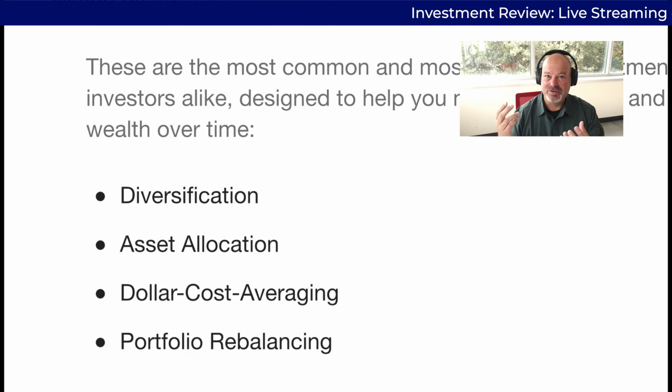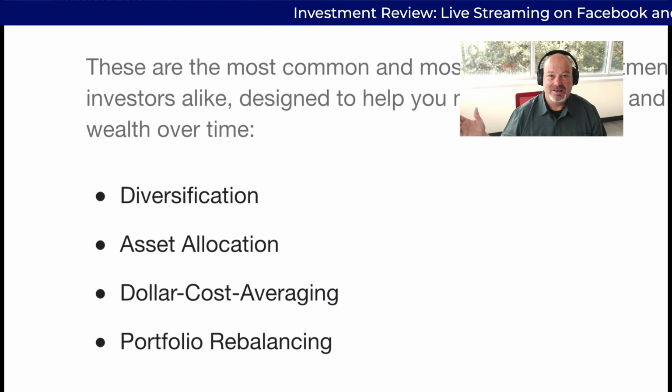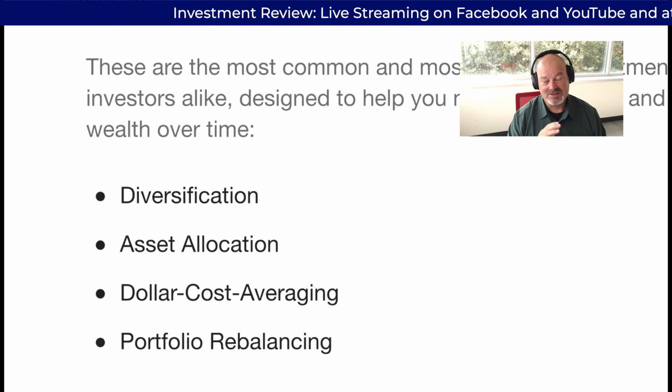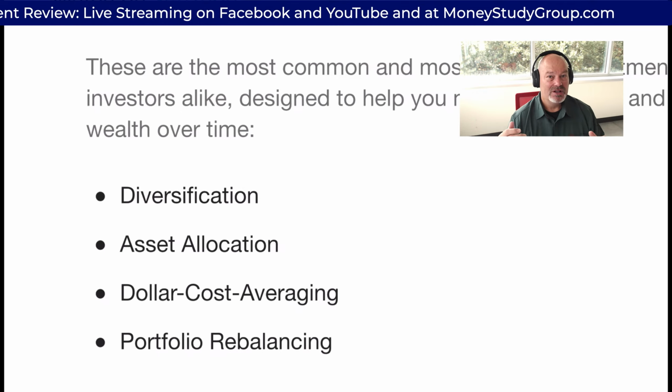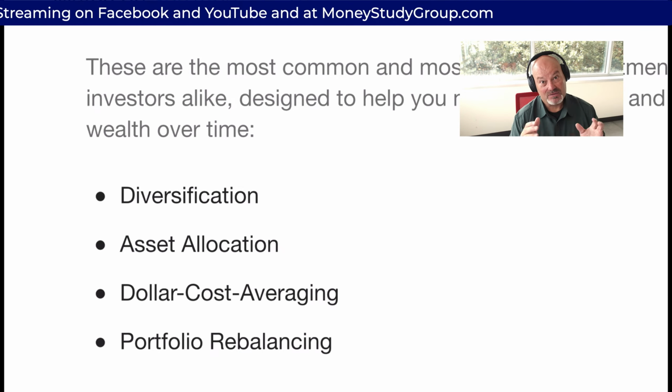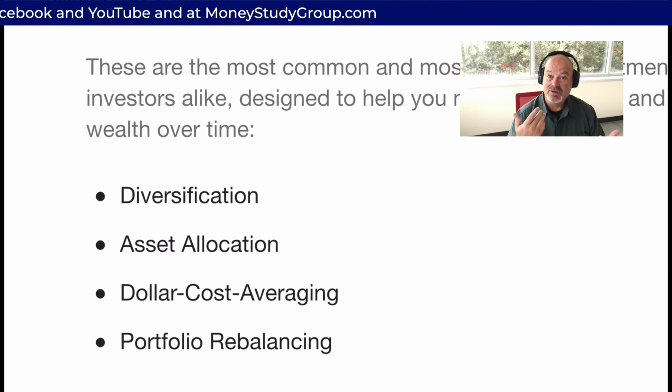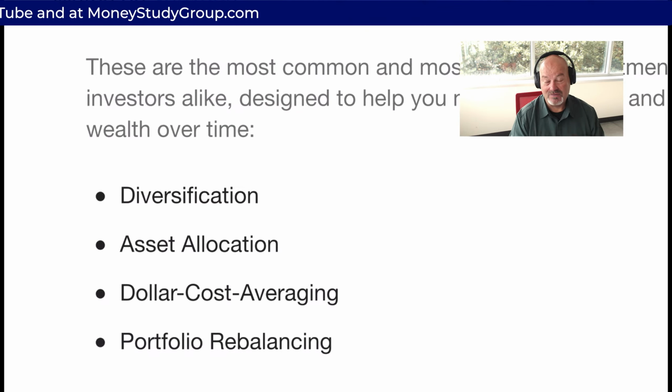So that's like double undiversification. It's not smart. That's why diversification is a very simple, yet very important, very powerful strategy that you need to be applying in your investment plan.